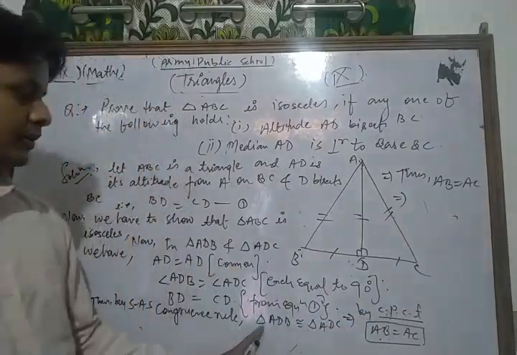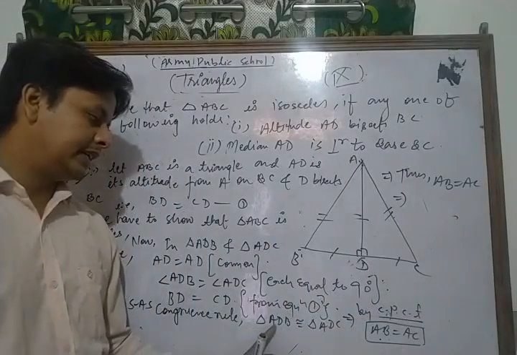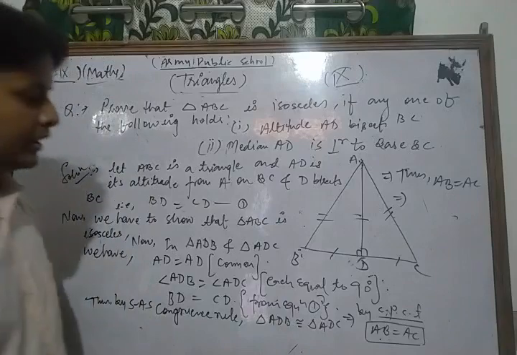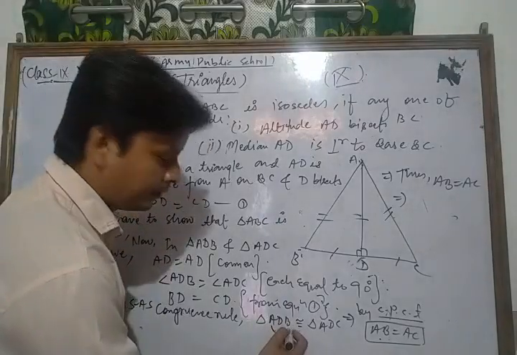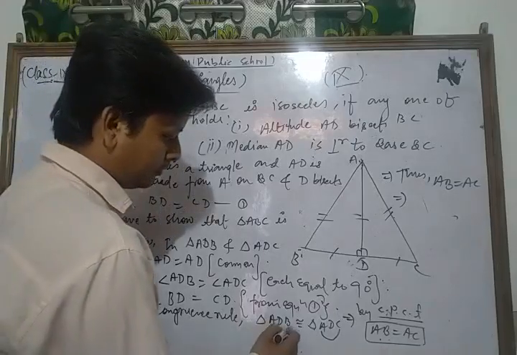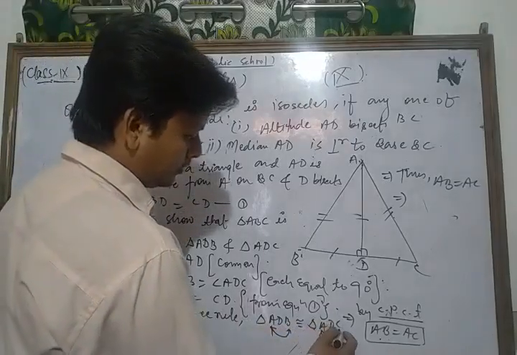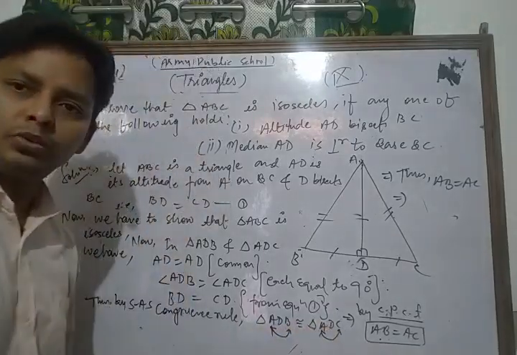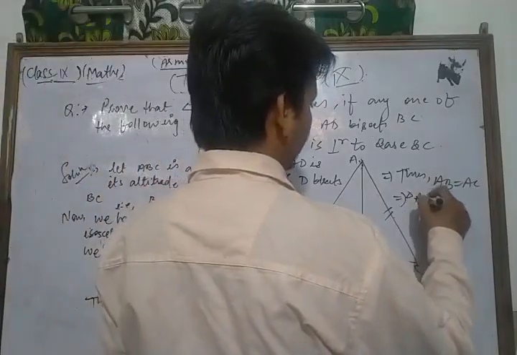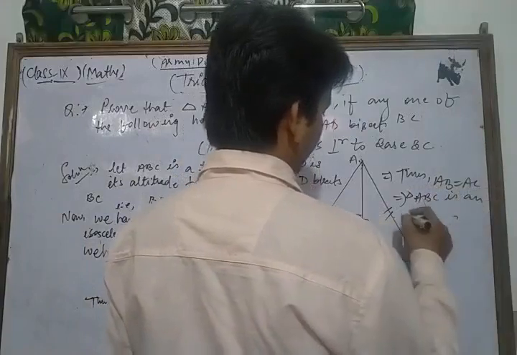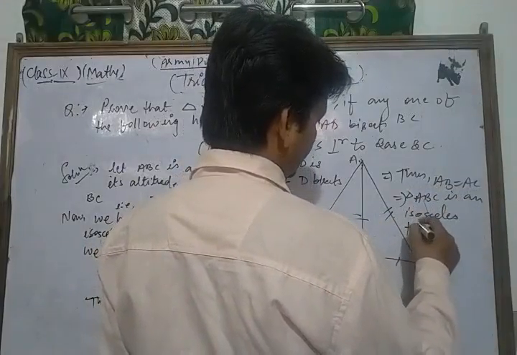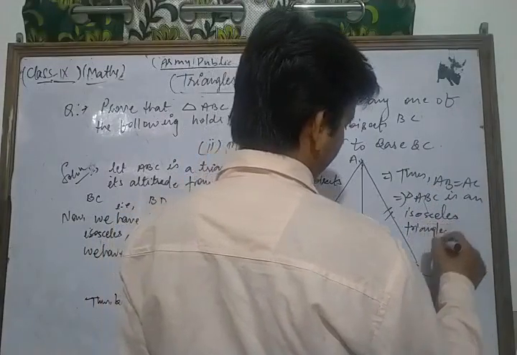So firstly we have to show that triangle ADB is congruent to triangle ADC, and then by CPCT their corresponding parts, this is AB and this is AC, are equal to each other. So triangle ABC is an isosceles triangle, hence proved.